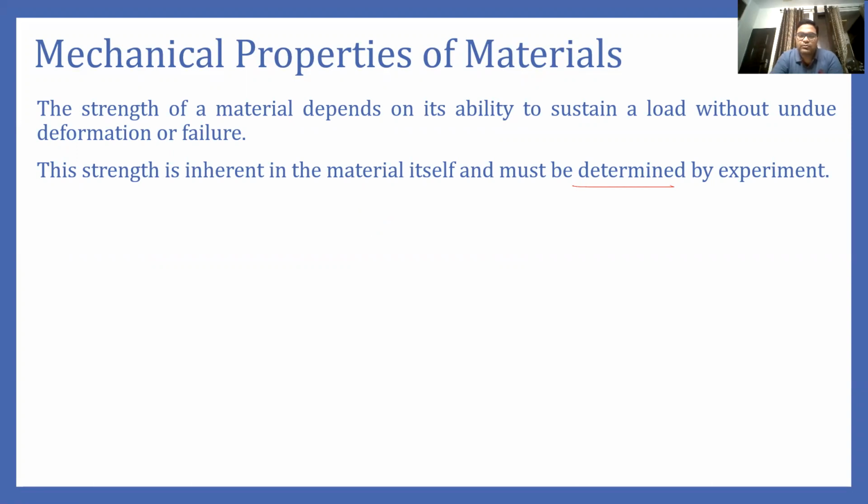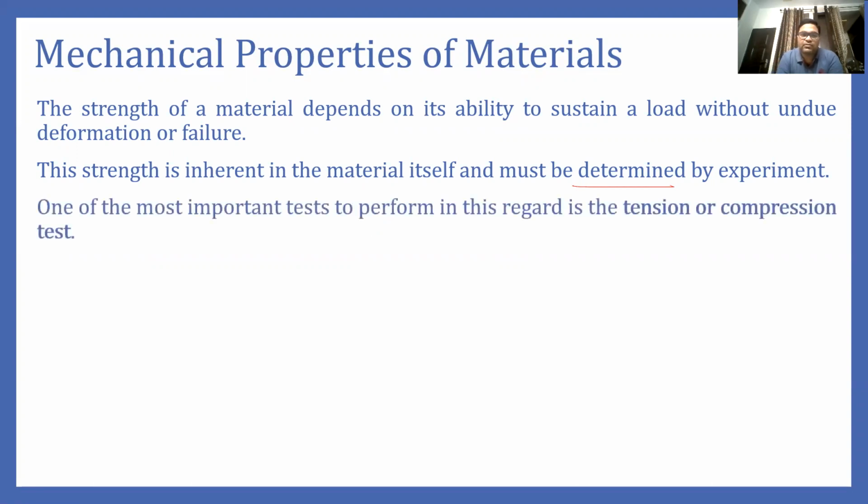So to determine the strength of material, we can conduct tests. The test can be a tension test or a compression test. In this lecture, we will discuss the tension test that is conducted on a material.